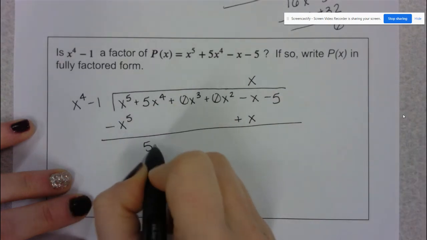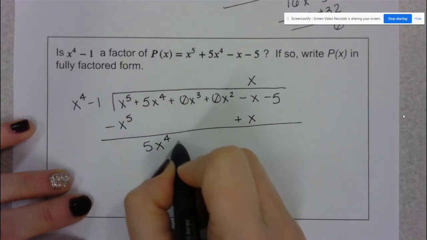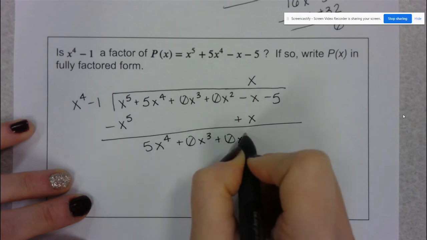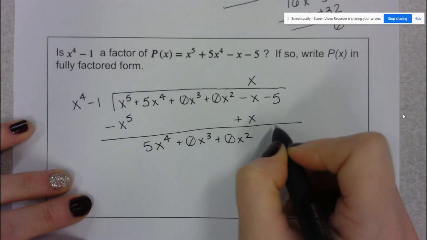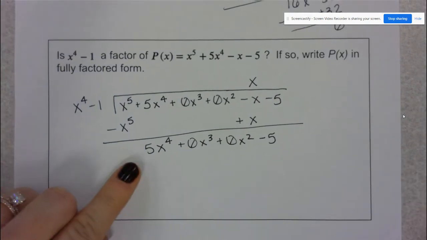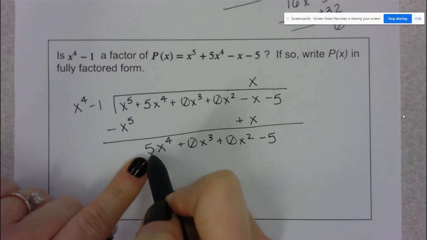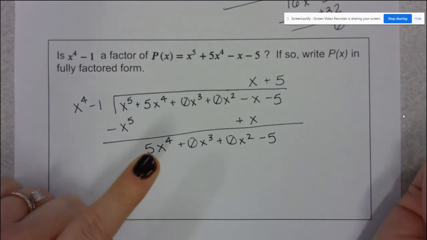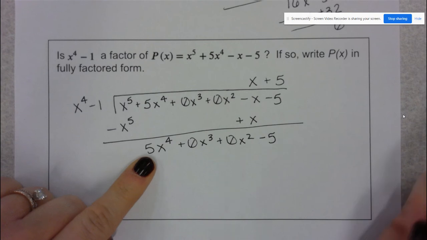So I have 5x to the 4th, 0x cubed, 0x squared, no more x's, and then minus 5. This is going to be 5 in order to get 5x to the 4th.